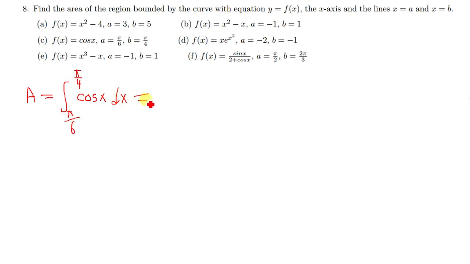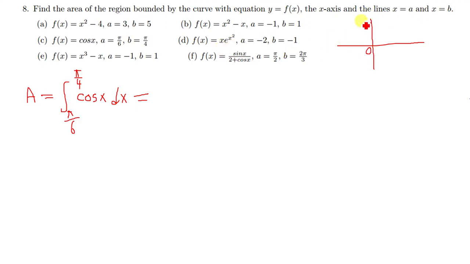Here, before you even start integrating, you can try to sketch this just to see how your graph is going to be moving. So your graph is going to move in this way.